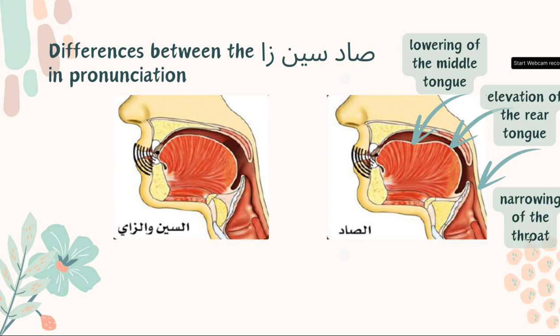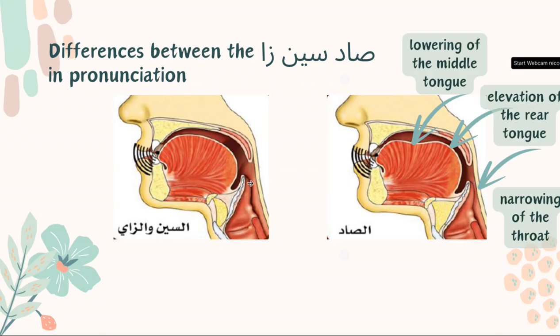So when we are pronouncing the letter Sad, the three important points for an elevated letter, we can see them in the Sad. Remember when we talked about them? The narrowing of the throat. So we can see the throat narrowed here.